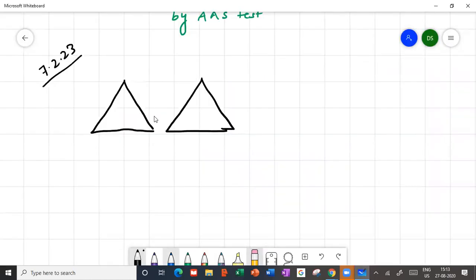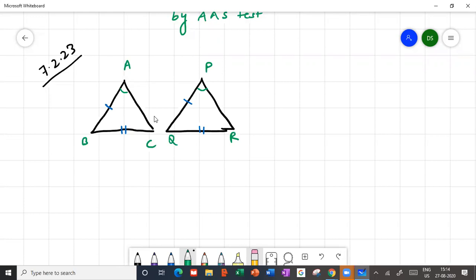Okay, so if I say this side and this side is equal, and then what if I say this angle is equal? Is this true? Will they be congruent? No, ma'am.